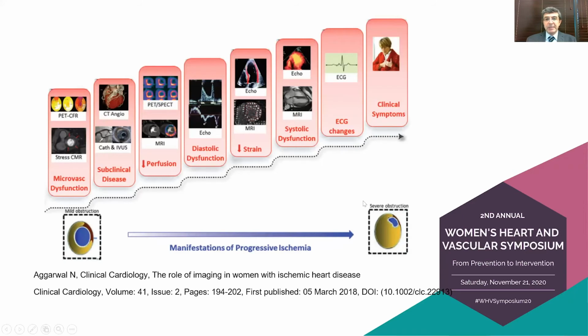And as we know in the ischemic pathway, each of these tests will look at one step of that. For example, MRI or PET can look at microvascular disease, and PET will look at perfusion, the same as SPECT. MRI can look at perfusion, or depending on the protocol that we use, can look at wall motion.